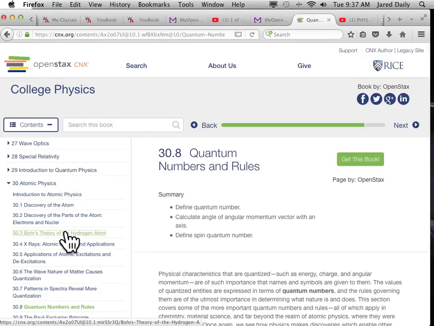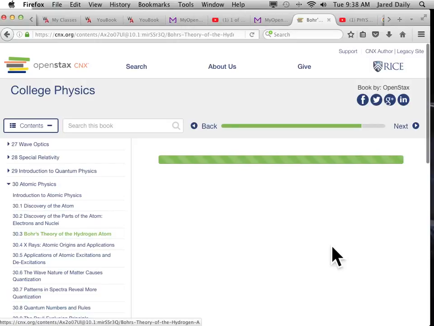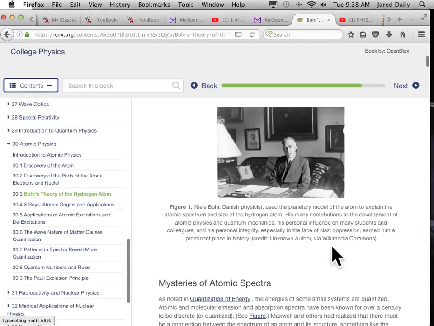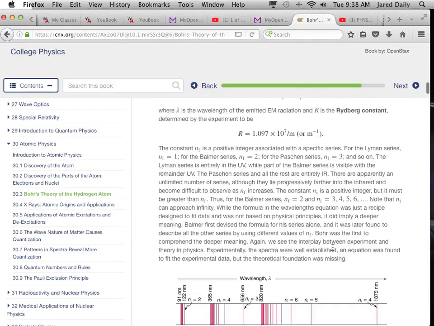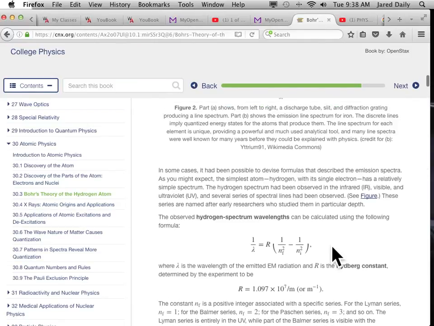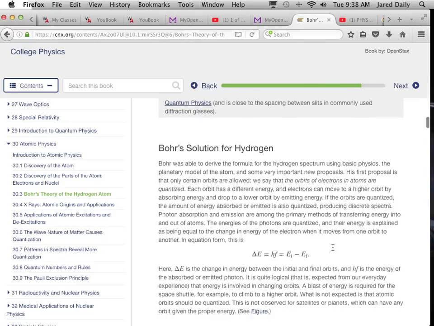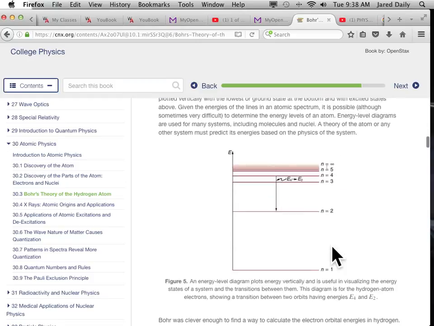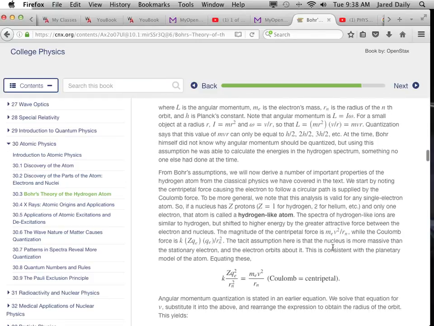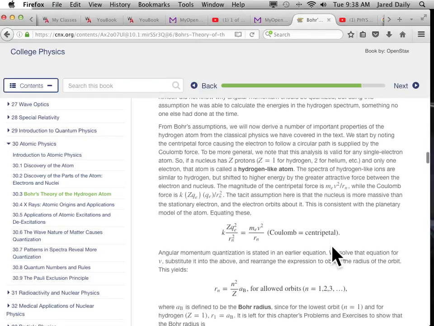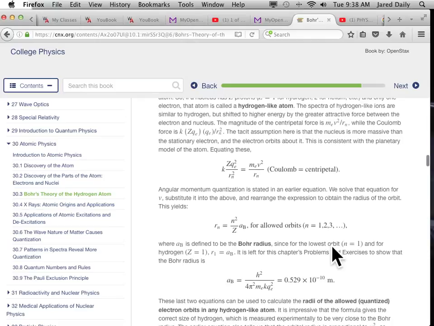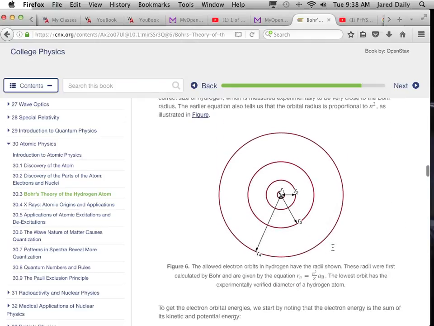Bohr's theory. Right here. Not quite here.